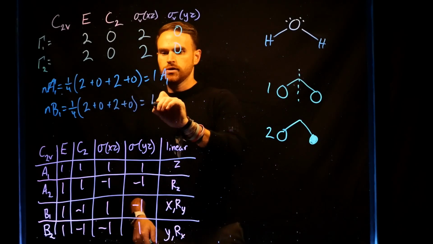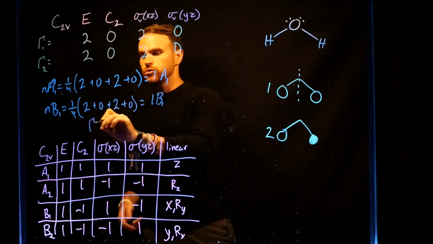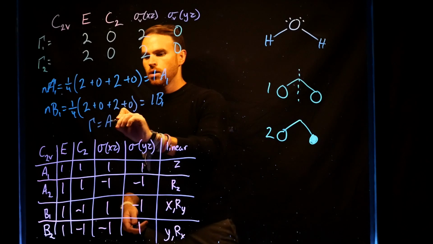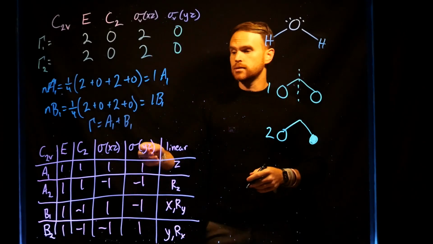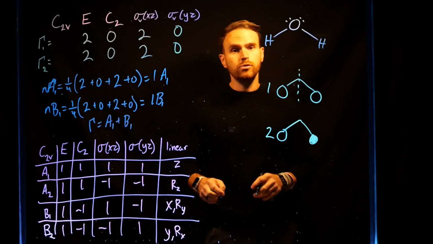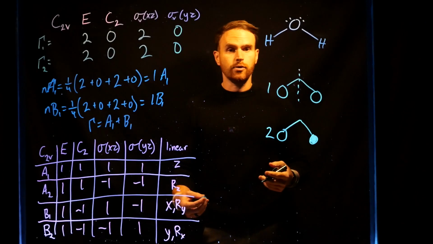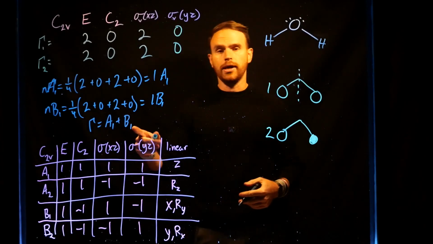And again, this gives us 1 B1, which means that overall, our reducible representation is equal to 1 A1 plus 1 B1. Now this means that the only irreducible representations that we can use to create our molecular orbital diagram to create actual bonding interactions are going to come from A1 and B1.